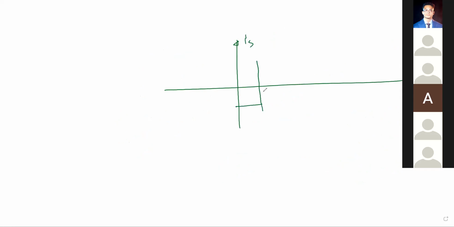Now, the ratio of the current will be IS. So this is your alpha. This is your pi plus alpha. And this is your 2 pi plus alpha. Suppose this is your pi.